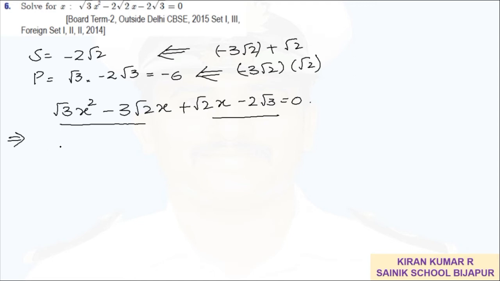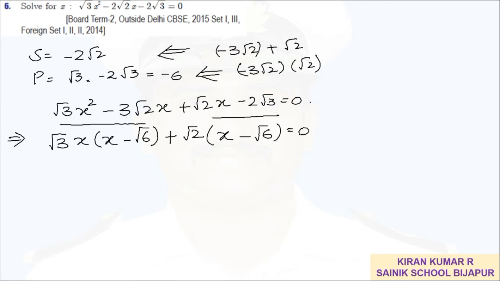Therefore, I will take root 3x as common: x minus, here a root 3 will remain, and from 2 root 2, finally a root 6 will remain, plus root 2 is common, x remains, minus, here from 2, root 2 is taken out, so root 2 remains, and root 2 into root 3 is root 6, equal to 0.